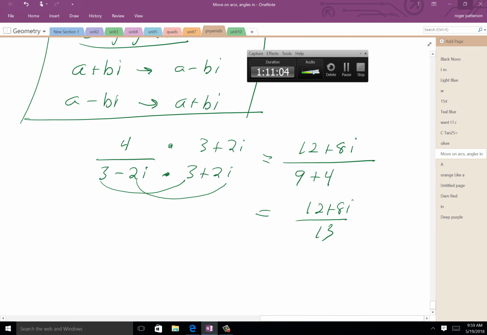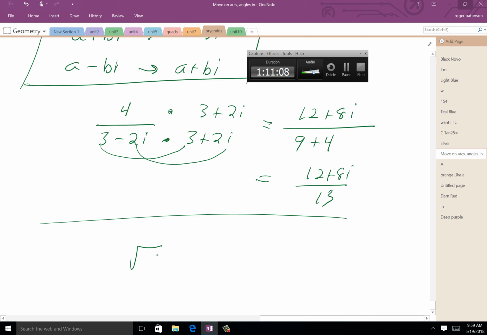Oh, I didn't mention this. I probably should. If we want to rewrite this using an imaginary number, we would write this as square root of 8i, but I can break that down.